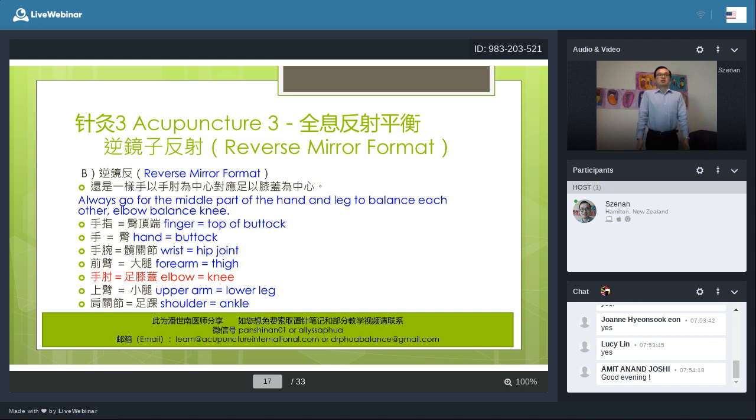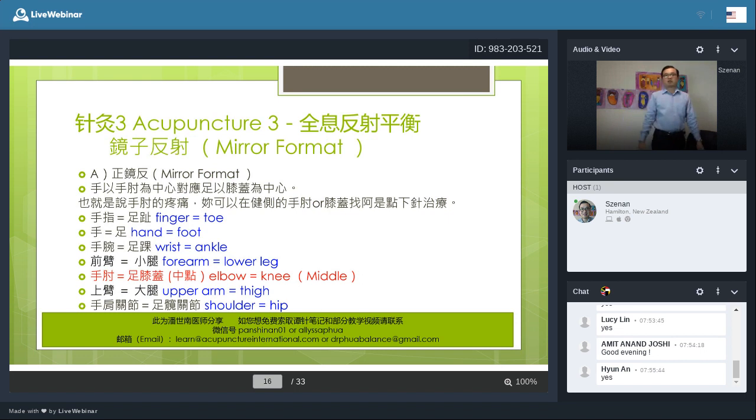I'm standing here. This is acupuncture main position, right? Elbow is the middle. Can treat the opposite elbow. Okay. Now we talk about mirror format. We're not talking about reverse yet. Okay. Elbow to treat the opposite side of elbow. The wrist to treat the opposite side of wrist. Palm treat palm, fingers treat fingers.